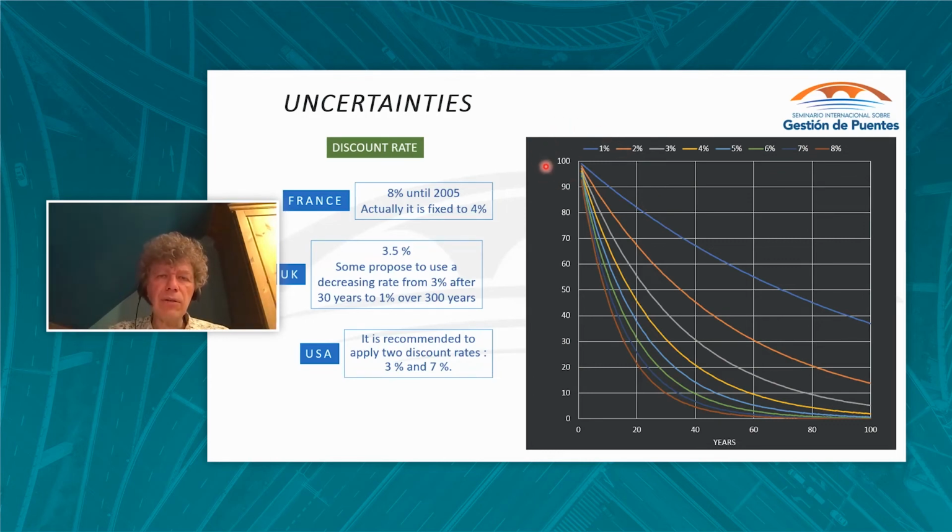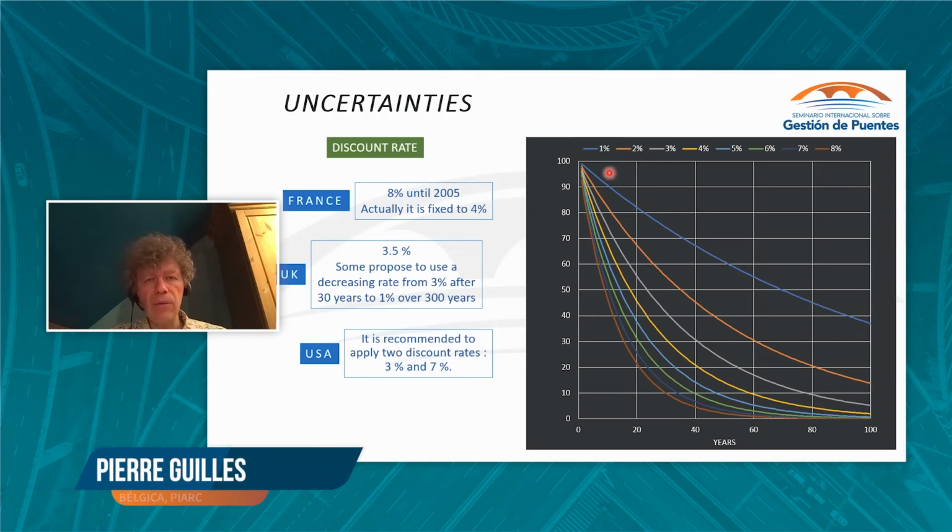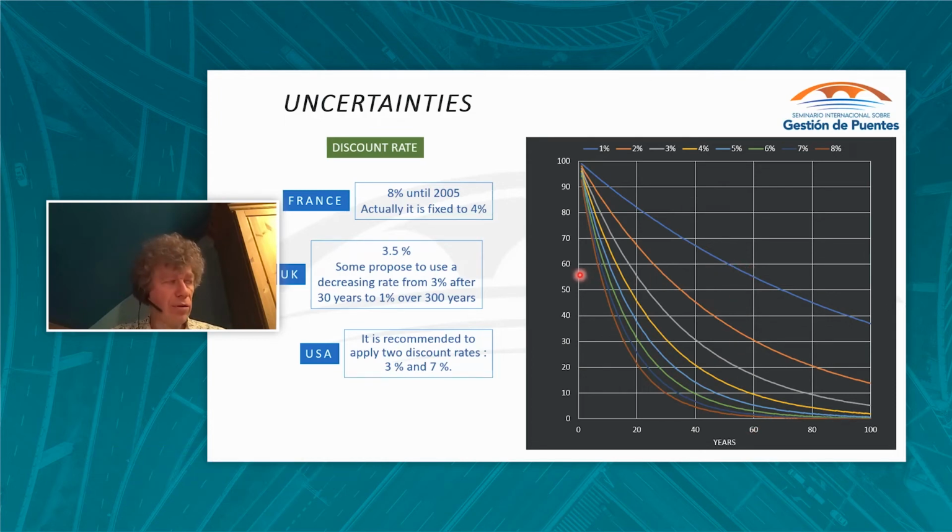If I consider 100 pesos that I will spend in 60 years, what do they represent today? If the discount rate is 1%, I will take this curve, and 100 pesos in 60 years represent 55 pesos today.